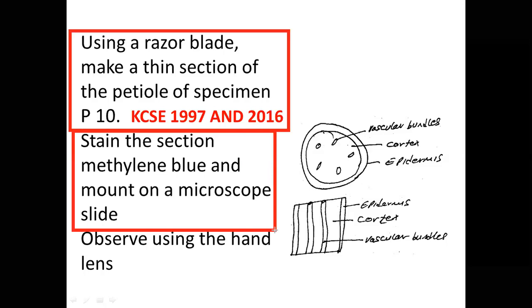But now, after mounting on a microscope slide, and this is now why this question was very unique, we were not observing using a microscope. After doing all that work, we are told to observe using a hand lens. So microscope iliwekwa kando. We made a slide just like the microscope slide, but we used the hand lens to observe.